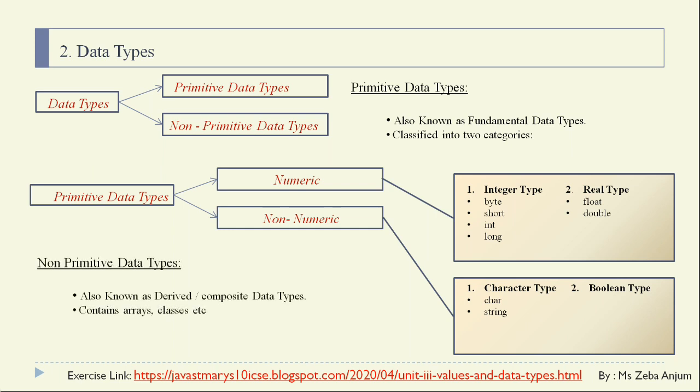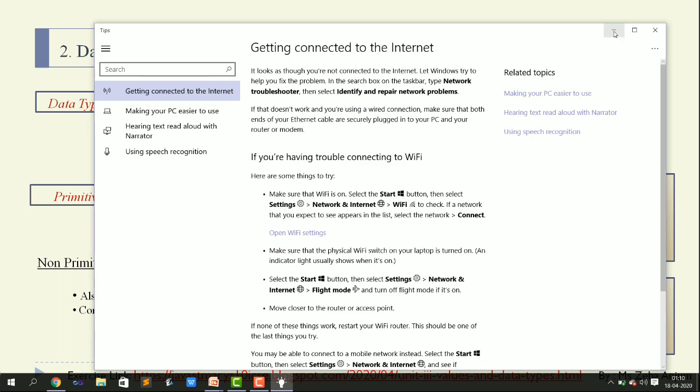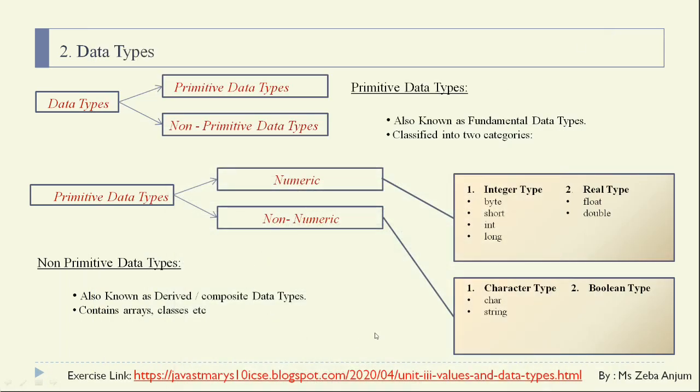Now coming towards non-primitive data types, these are also known as derived or composite data types. They contain arrays, classes, etc. Remember, in our second video on classes and objects, we saw how to define a class, and in that class how to define data members, or instance variables.